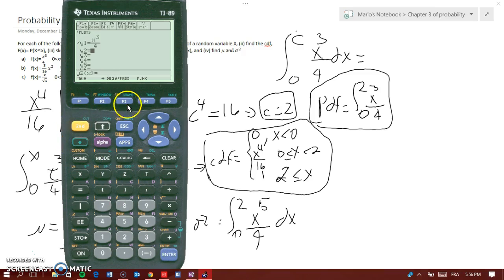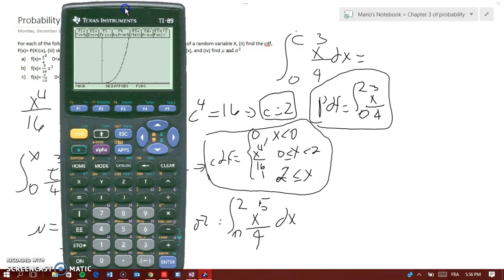Let's graph that. It doesn't matter because we are going from 0 to 2. So F5, tables, click number 7, and the lower limit is 0, enter. Upper limit is 2, enter. And here we get the graph.